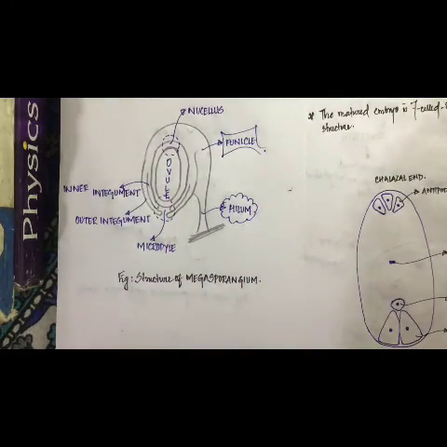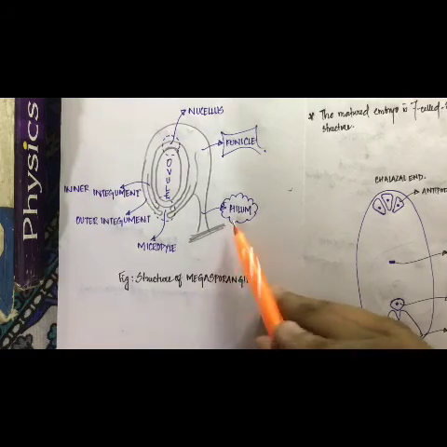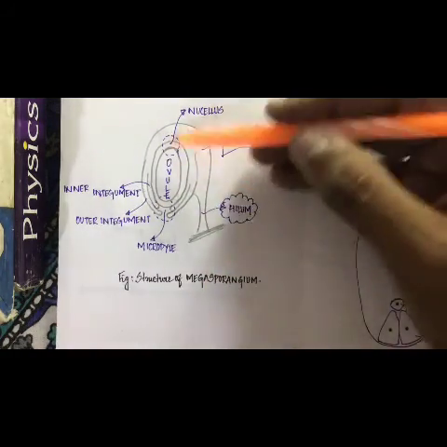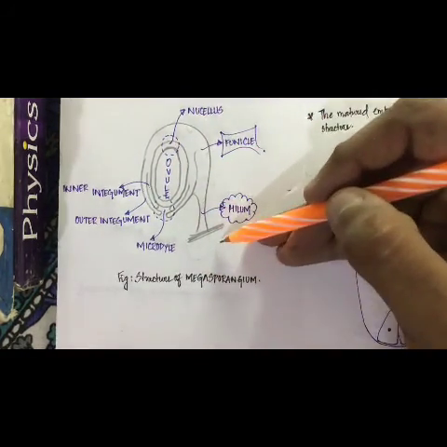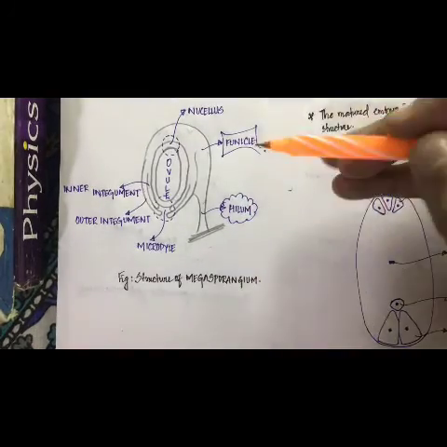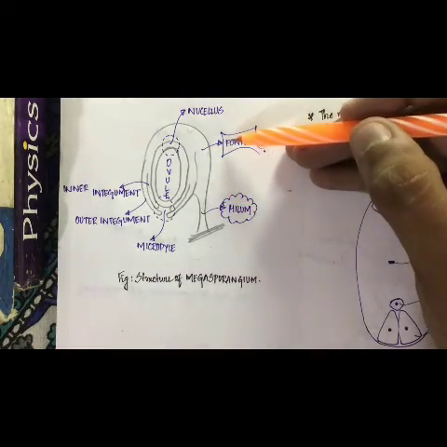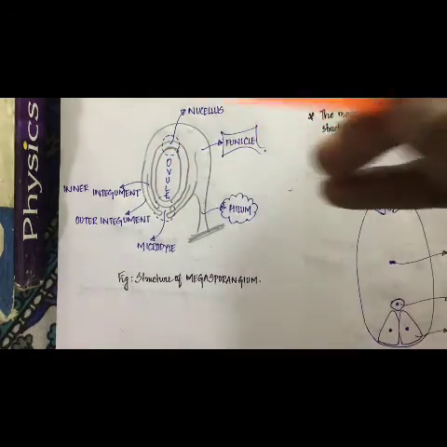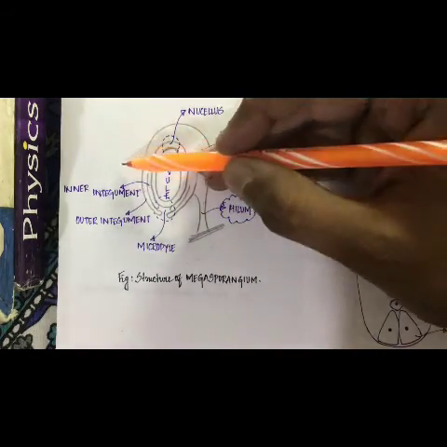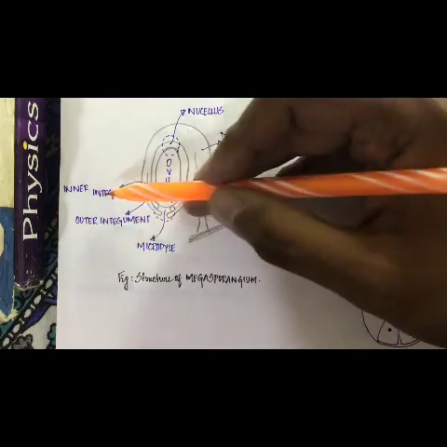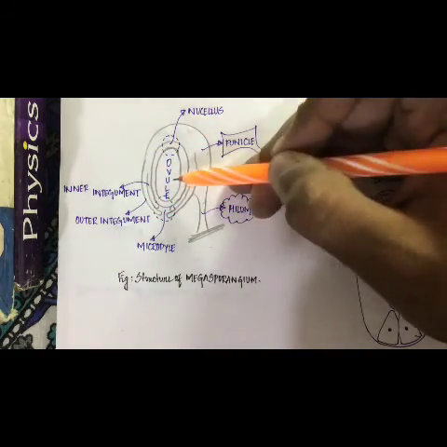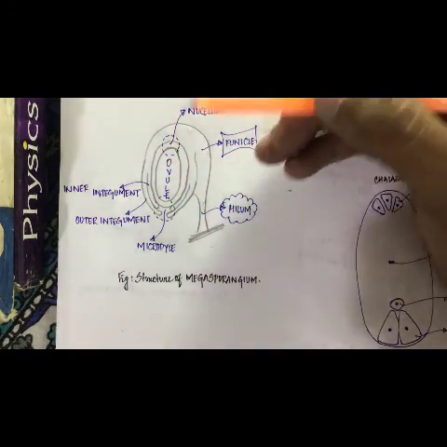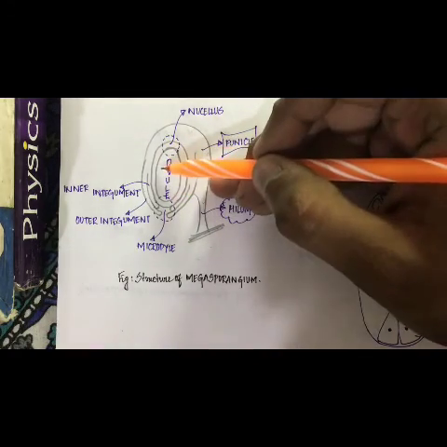Very, very important thing. First of all, the joining of this whole megasporangium with the ovarian wall occurs by hilum. The midpoint between this hilum and the megasporangium is funicle. Outside of this megasporangium is the outer integument, then the inner integument, then nucellus, which provides nutrition to the cells present inside the ovule.